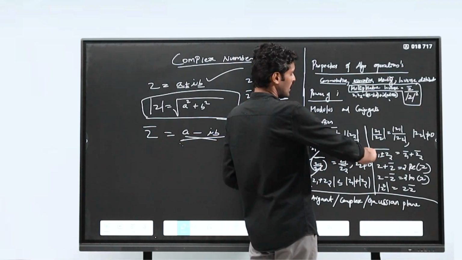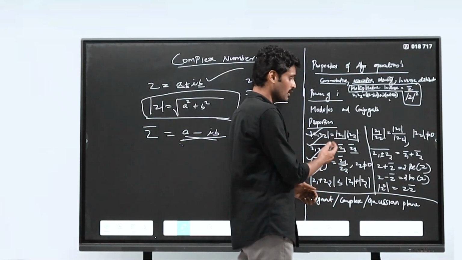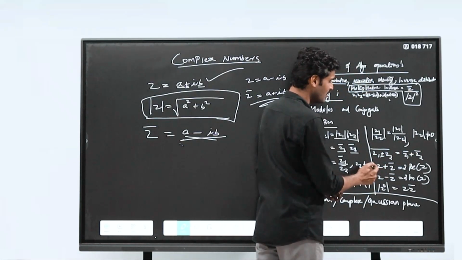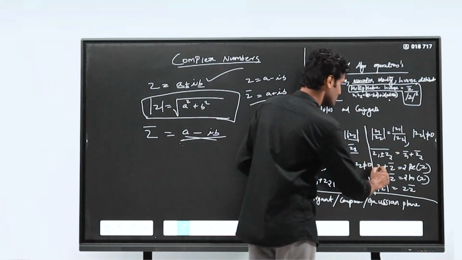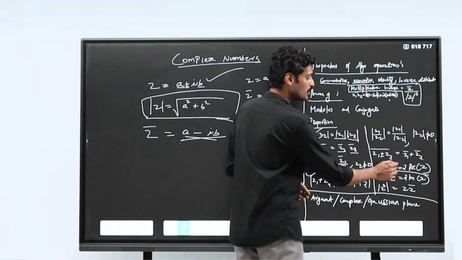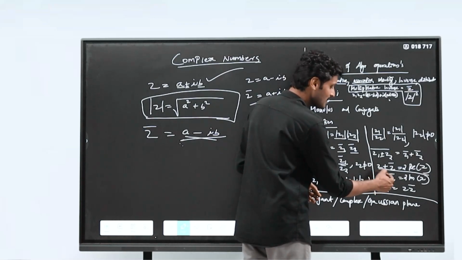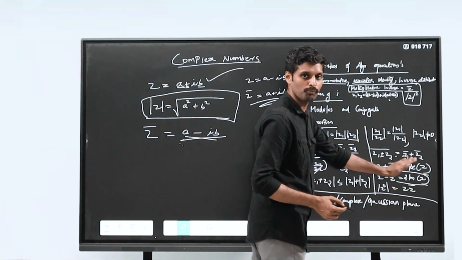Then z1 plus or minus z2 whole bar equal to z1 bar plus or minus z2 bar. Again z plus z bar equal to 2 into real z. Z minus z bar will be 2i times imaginary z, just likewise opposite.